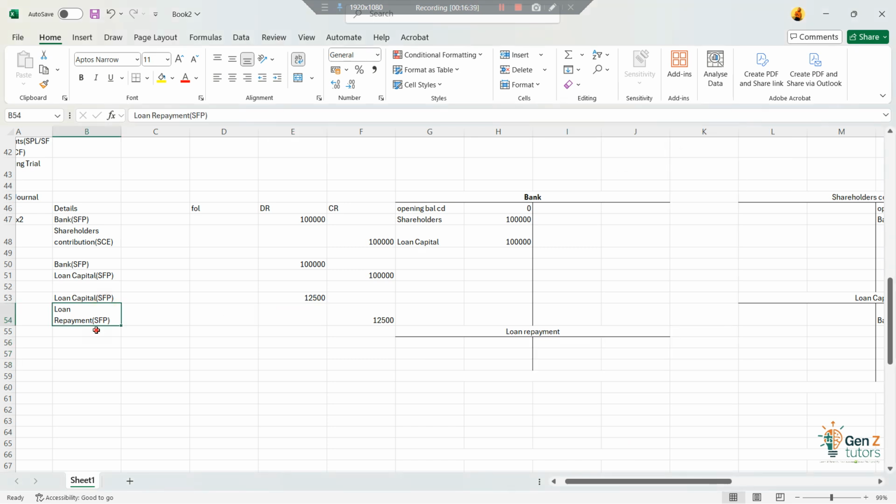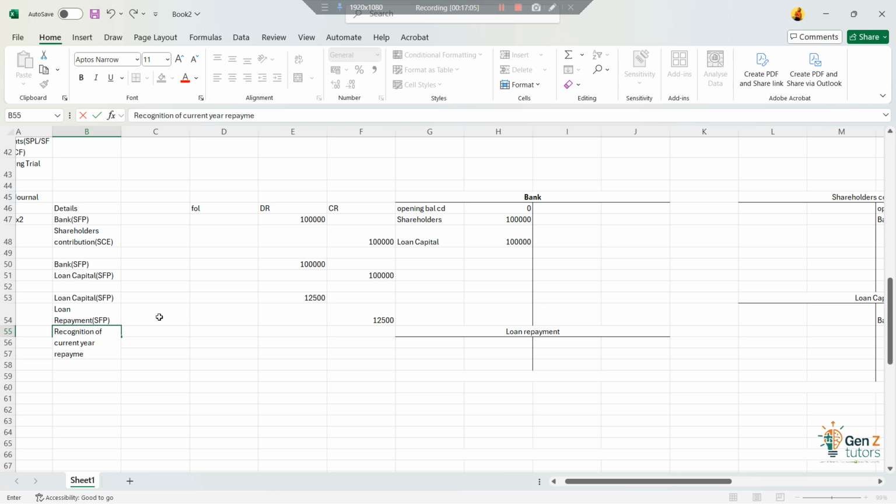Then you go and say credit that loan repayment, and immediately you can, at the very same time, go and create a ledger for loan repayment, right? And then you say here, you can have loan repayment. This is a non-current liability.